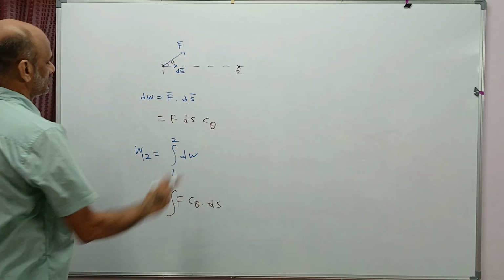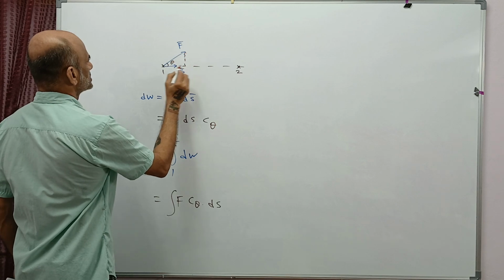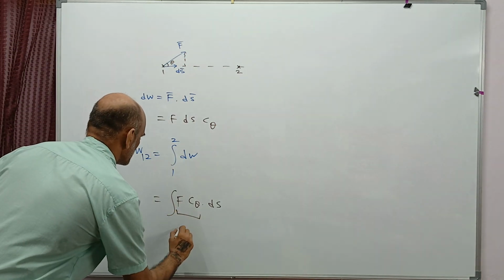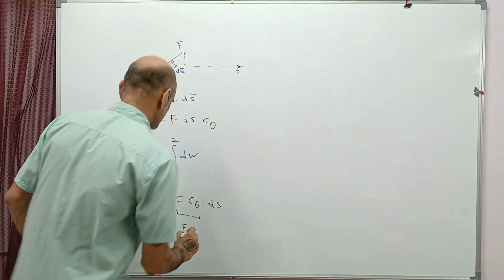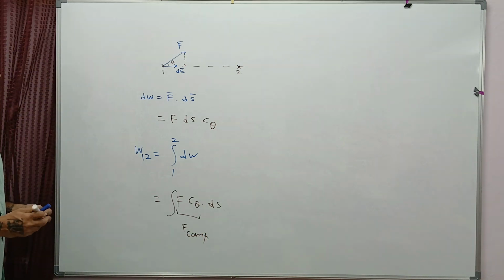F cos theta is the projection of the force along the direction of the displacement. So this is the F component in the direction of displacement.